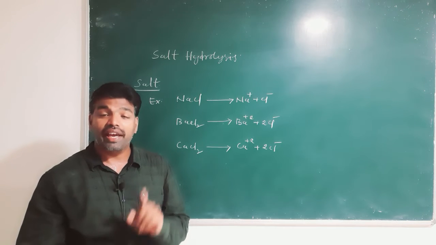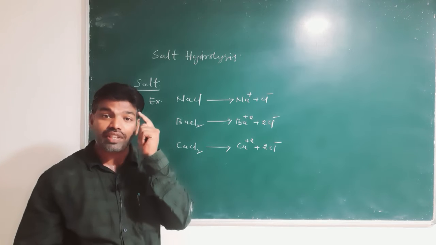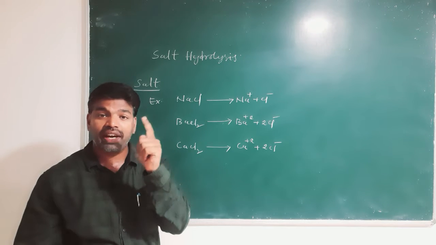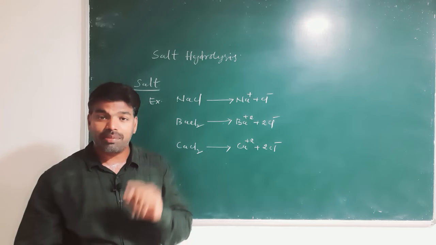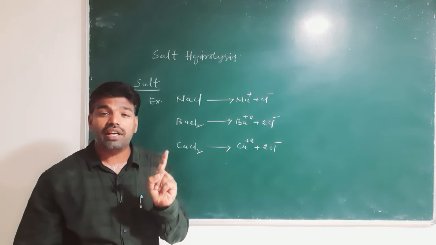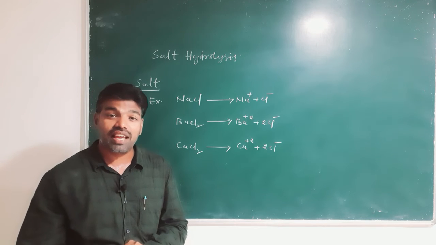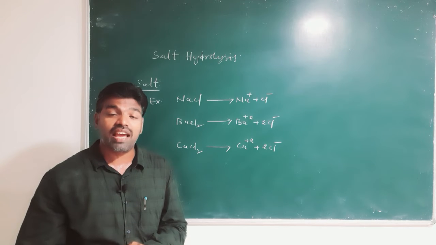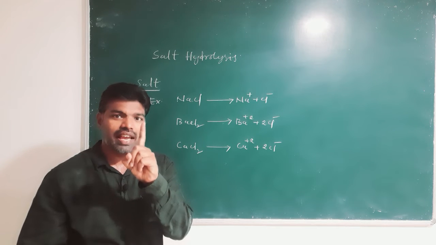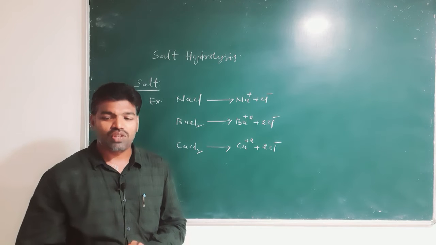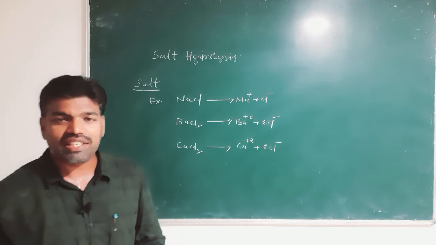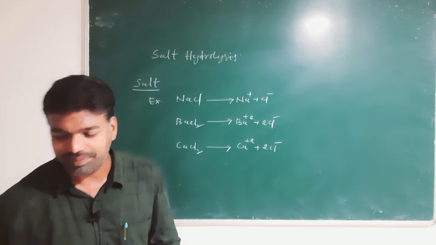Keep this point in your mind: salt is a substance which does not release either H plus ions or OH minus ions in its first ionization. Okay. Now, we shall see the various types of salts.